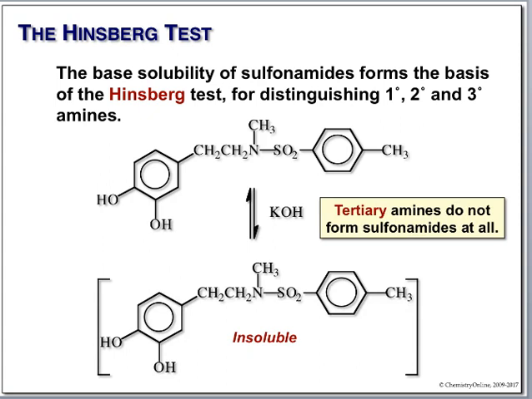If you had a tertiary amine to start with, it has no hydrogens to react with the sulfonyl chloride, and we don't get a sulfonamide at all. The thing to remember, this is called the Hinsberg test. Again, this is an important question. It shows up on multiple choice exams. Primary amines dissolve, secondaries don't, tertiaries don't react at all.